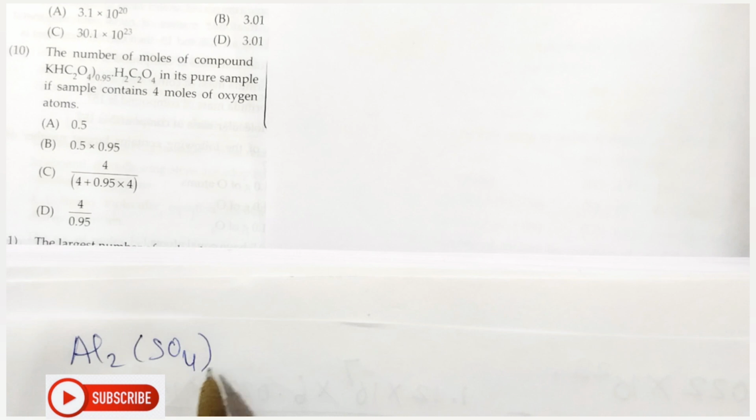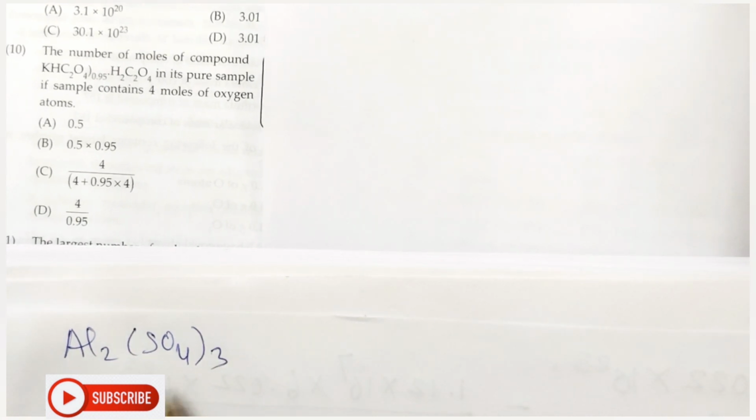See the next question. The number of moles of a compound in its pure sample is given. You have to calculate how many oxygen moles will be present in that particular sample. Now students, if I write Al2(SO4)3, then how do you calculate the number of oxygen atoms?